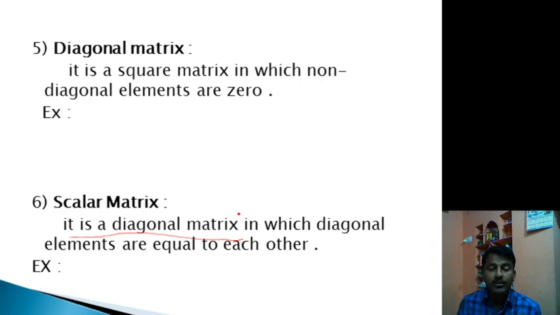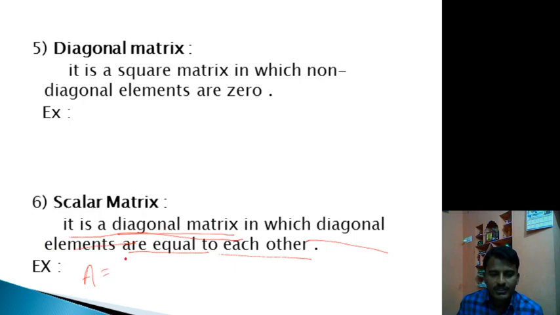When we define a diagonal matrix, we take a square matrix. Now it is a scalar matrix. The definition is we should select a diagonal matrix in which diagonal elements are equal to each other.